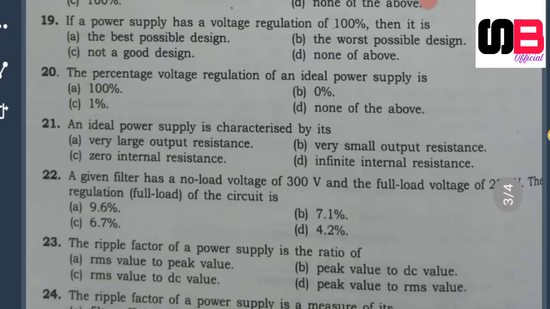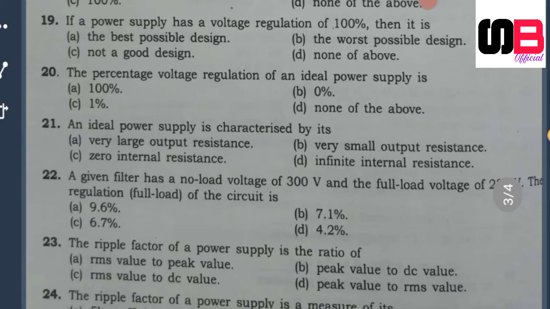Now comes the next question, question number 19: if a power supply has a voltage regulation of 100%, then it is the best possible design, the worst possible design, not a good design, or none of the above?